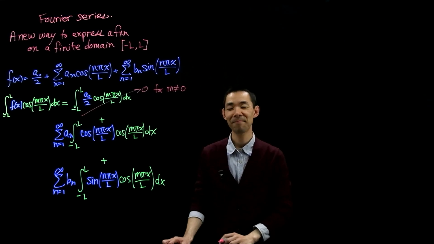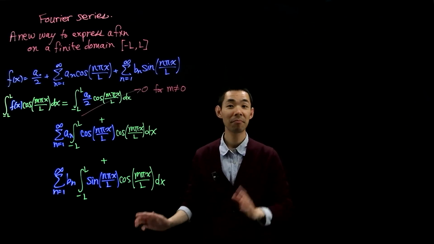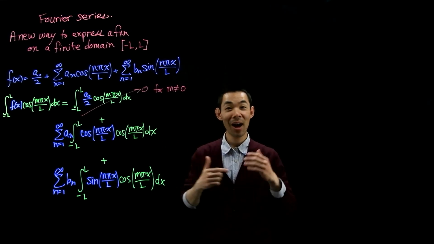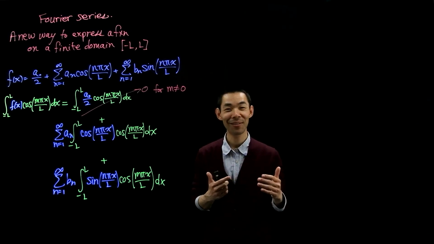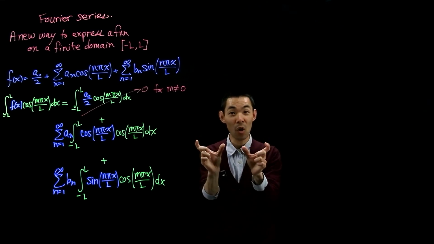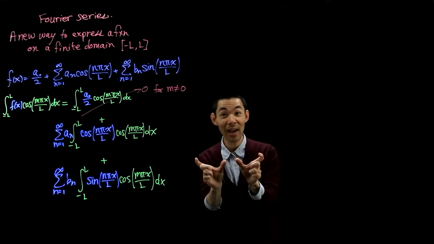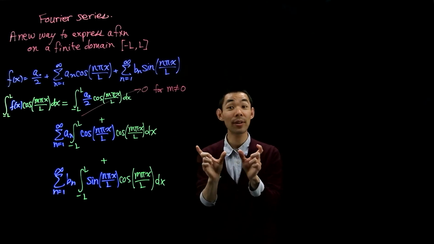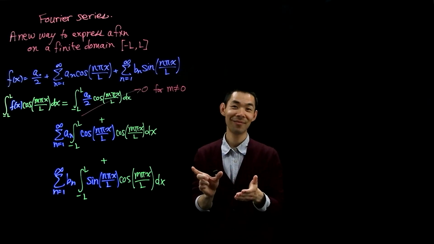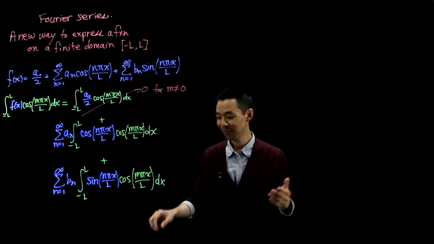Okay. Now, the rest, pretty straightforward too. This second term, I just showed you a bunch of cases earlier, right? When cosine is multiplied with another cosine, it's always equal to 0 unless m and n are the same. When they're the same, it gives us L, just the domain size.